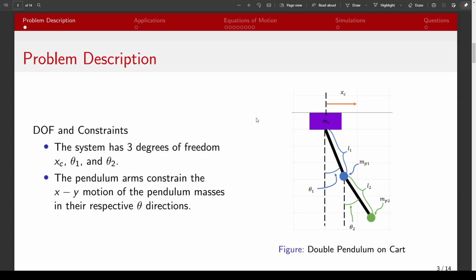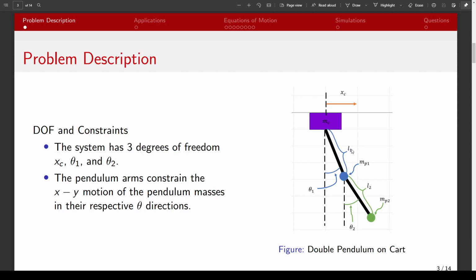So the problem description. You can see here we have our cart, which is this purple block here. It has mass m sub c, and it moves in the x-axis. You can see here x sub c is its horizontal displacement. And we have two pendulums, each with a mass that is concentrated at the end of the pendulum.